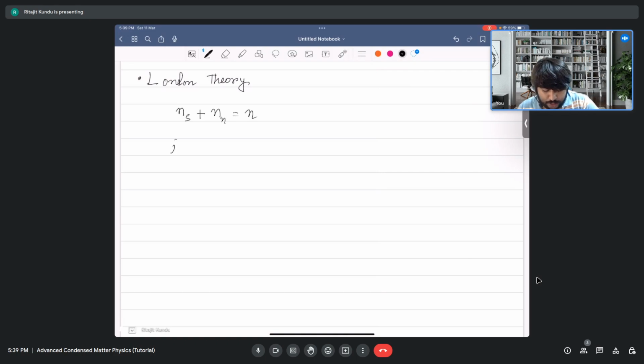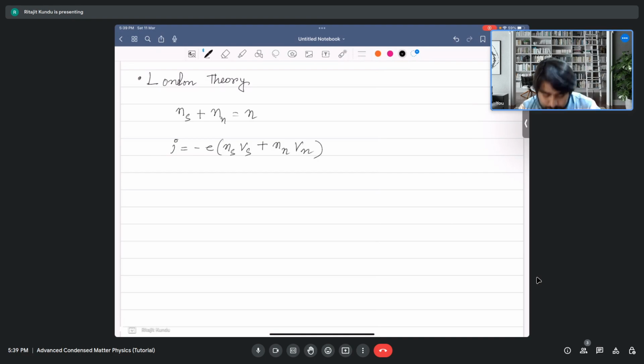Both of these contribute to current, right? So if you look at the current, it will be given by minus charge times the superconducting density times the velocity of the superconducting particles, plus the normal particle density and normal particles velocity.